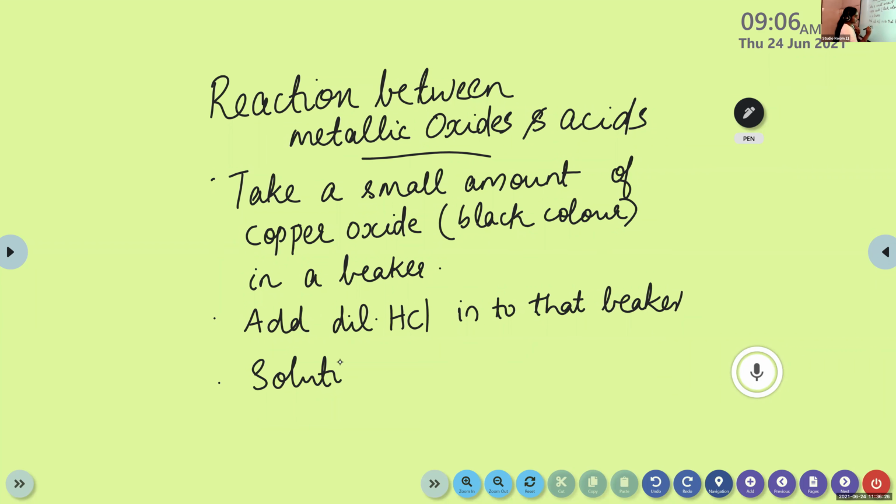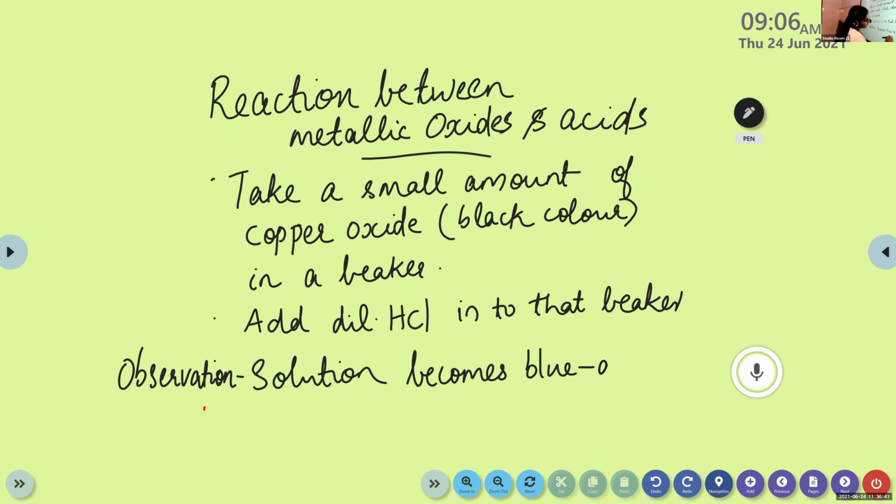You can write this as observation: solution becomes blue-green color. That means the copper oxide will dissolve in that solution.